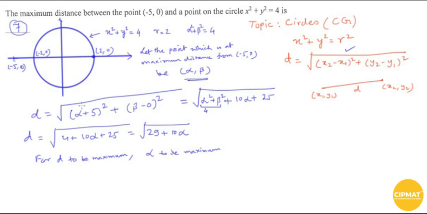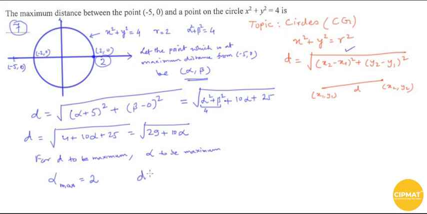Now what is the maximum value of alpha? That is, what is the maximum value of the x coordinate that you can see in this figure? It's obviously 2 over here. It cannot take a value beyond this point. So the maximum value of alpha will be equal to 2.